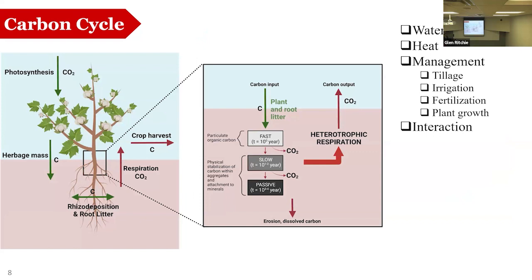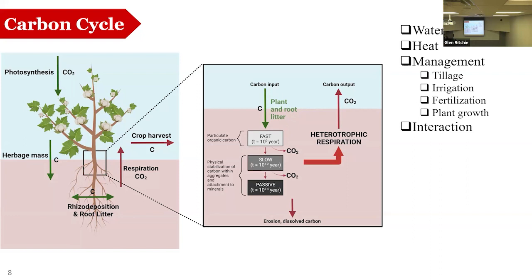We also have crop harvest, which will be removing carbon and putting it into products rather than contributing to the soil organic carbon. But we also have slower and more passive pools, which could be things like lignin and cellulose in the cotton stalks that are going to be turned over much more slowly and have more of a likelihood of increasing the amount of carbon we have in the soils.